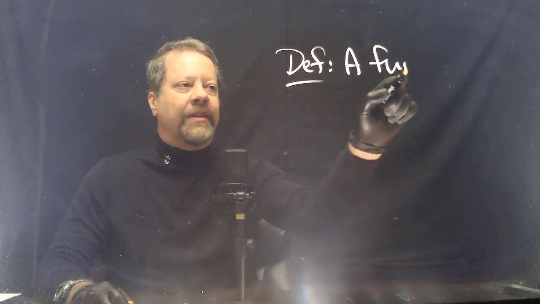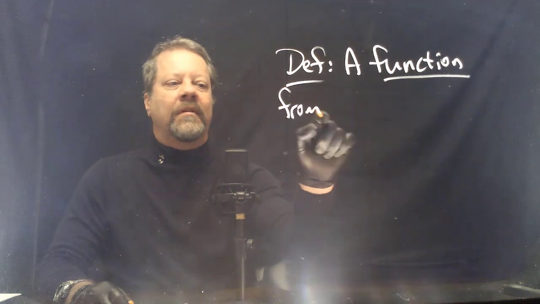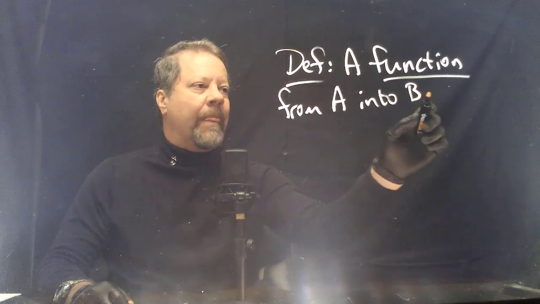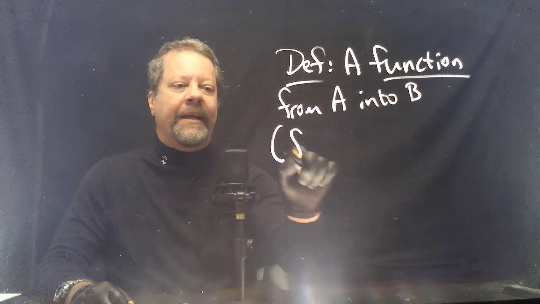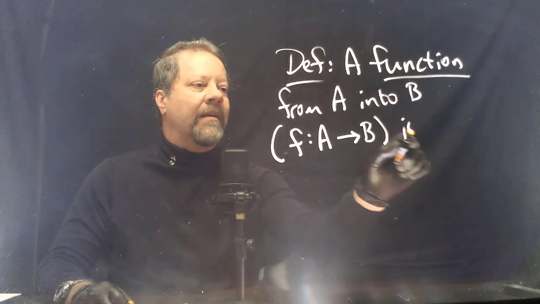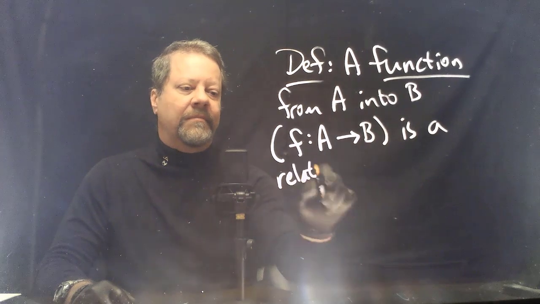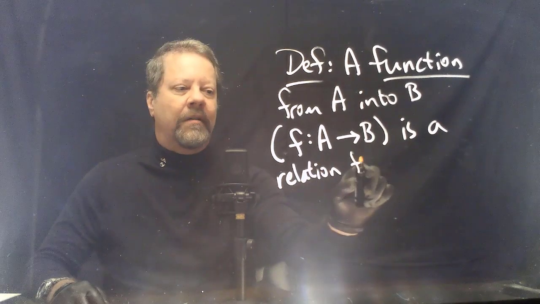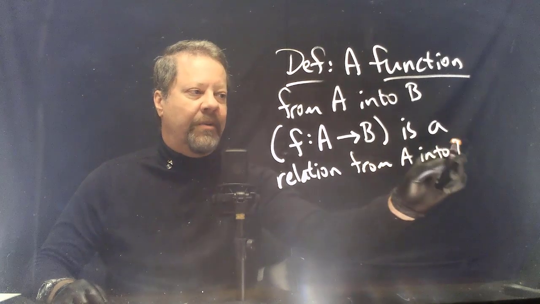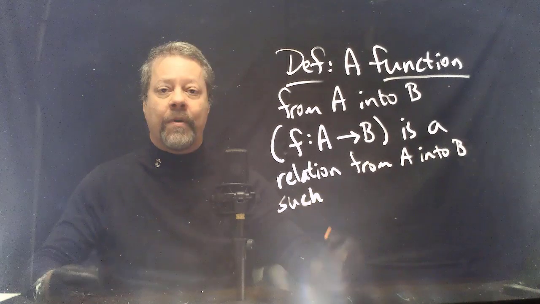A function from A into B, often denoted by f maps A into B, is a relation from A into B. So in other words, a function is a collection of ordered pairs.